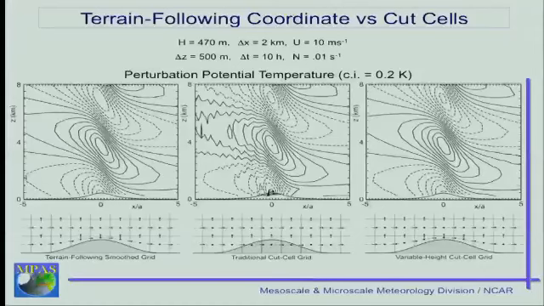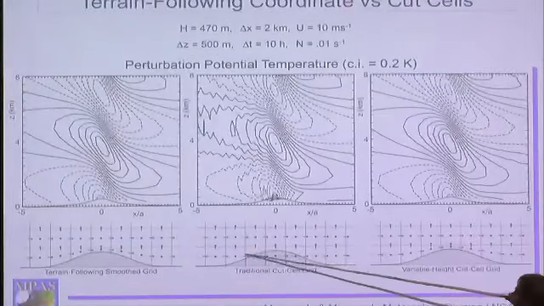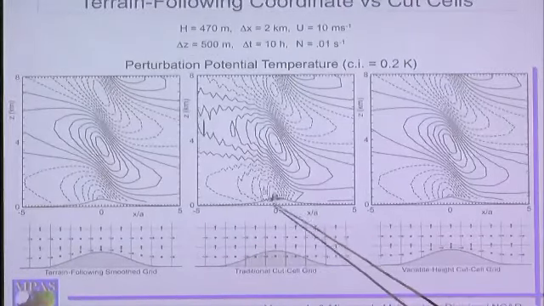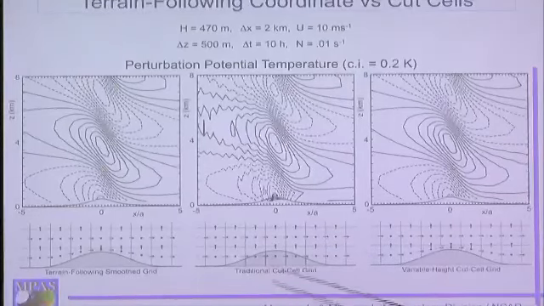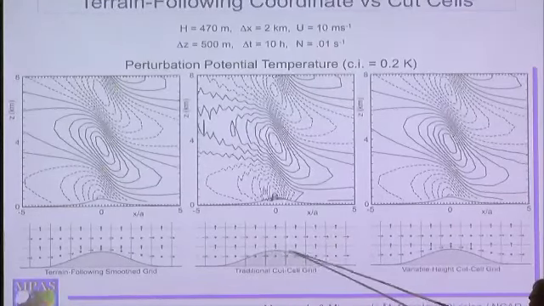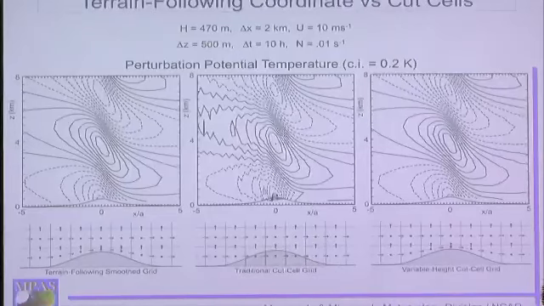In my cut cell code, where I assume that the pressures and thermodynamic variables are defined in the center of the uncut cells, that's where I start getting noise produced in these cells that are getting small.